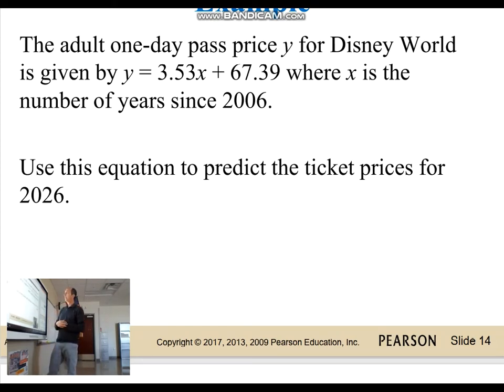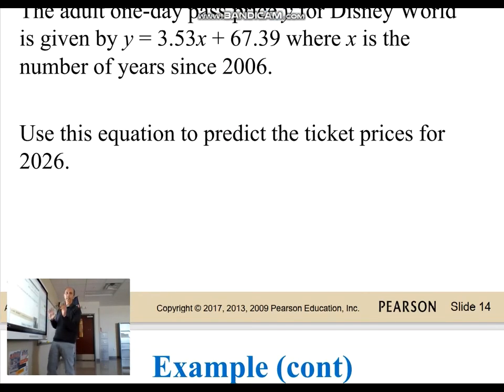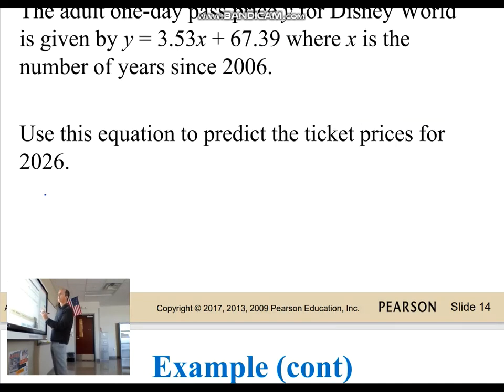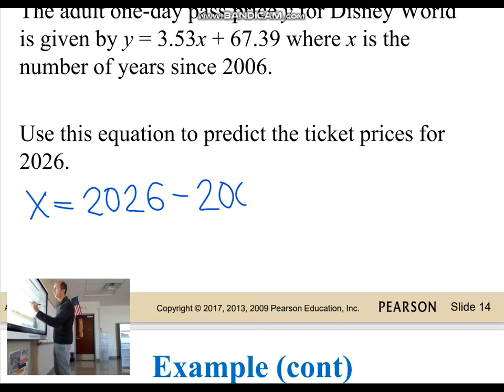Well, if x is the number of years since 2006, 2006 is year number 0, the starting point of counting the years, right? So we can calculate x, the number of years since 2006, by subtracting 2026 minus 2006. And then we will find the number of years is 20 years.